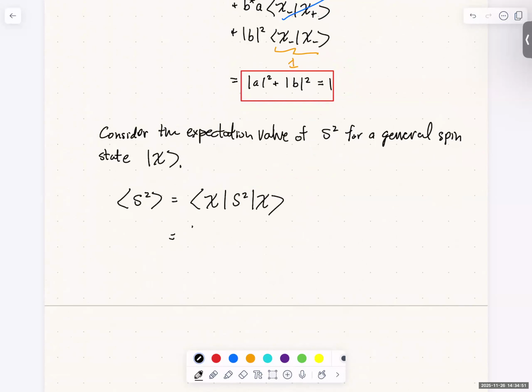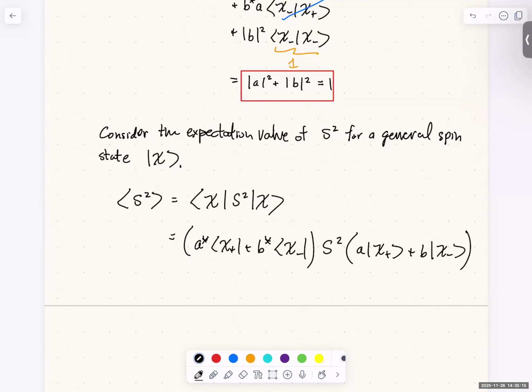So we'll just repeat that. We get a star, then we have our spin up state plus b star, and we get our spin down state. Then we have our operator, s squared, and then we have spin up plus the spin down part.